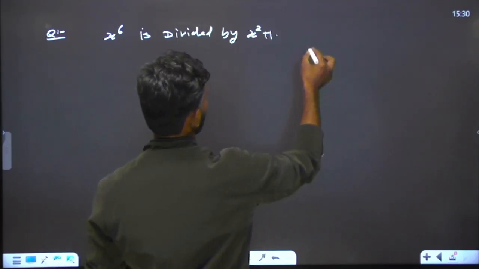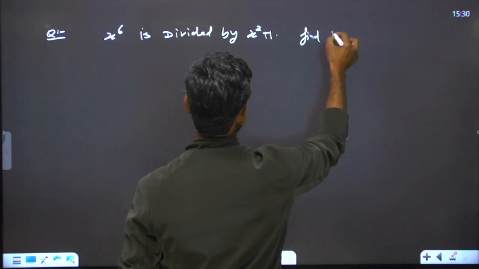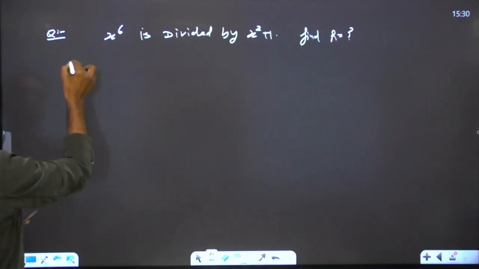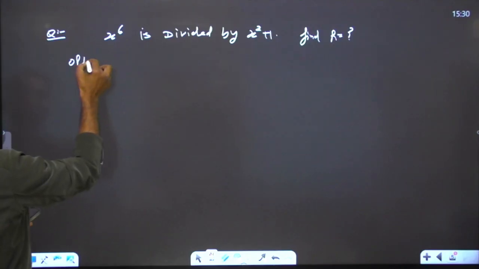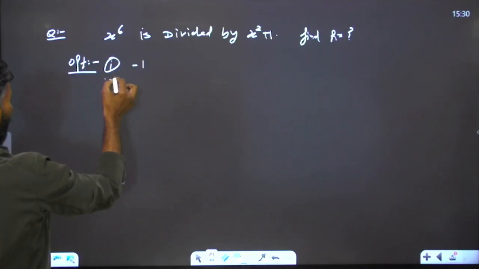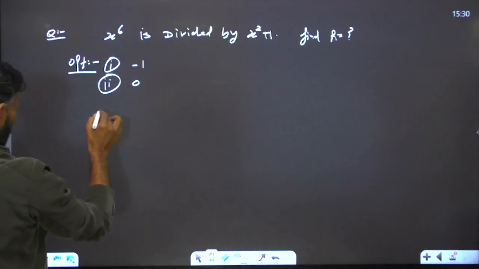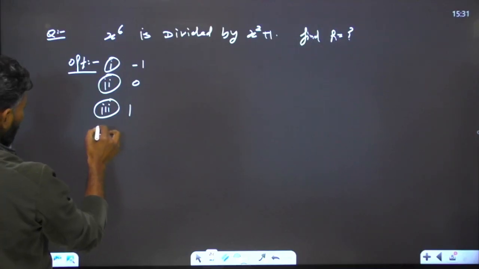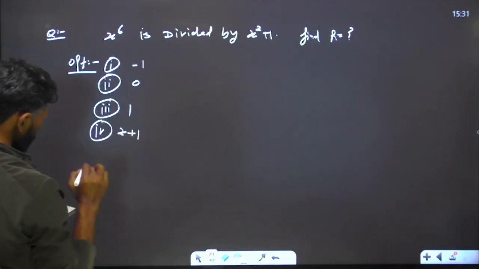Find the remainder. We have to calculate the remainder, and the options are: first option is -1, second option is 0, third option is +1, fourth option is x plus 1.